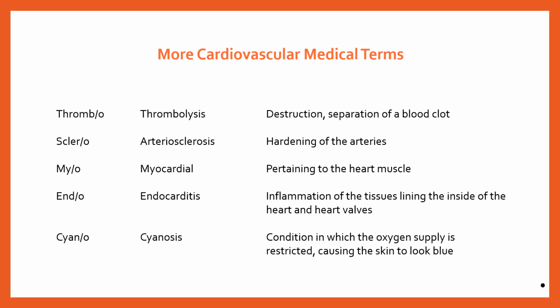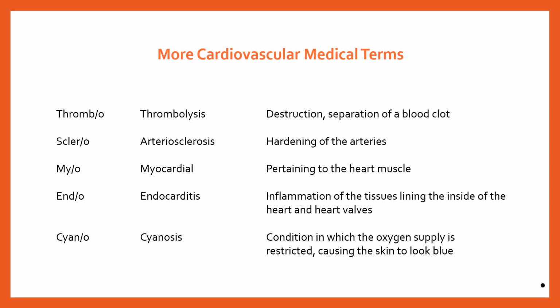Next term or prefix is sclero. Scler with combining vowel of O or A means hardening. Now you have to be a little careful with this one, meaning that the prefix of sclero or sclera in its prefix form is defined as hardening, but using sclera as a root word has a completely different meaning.